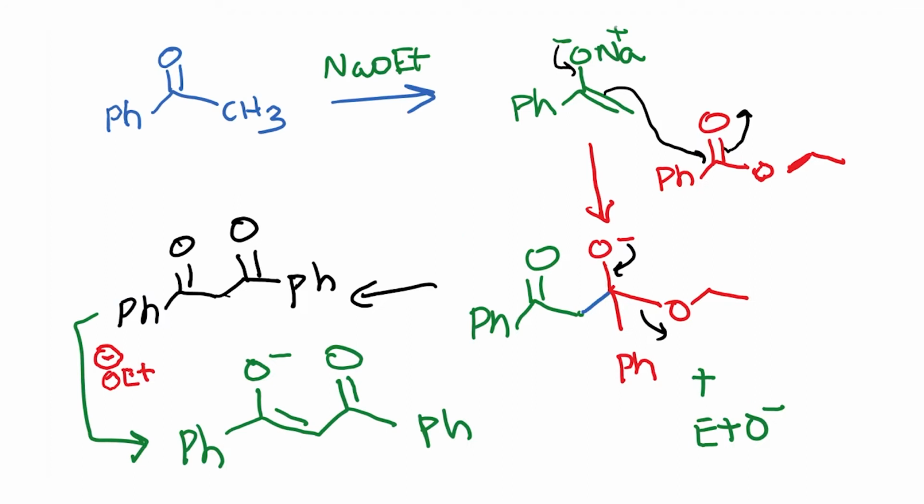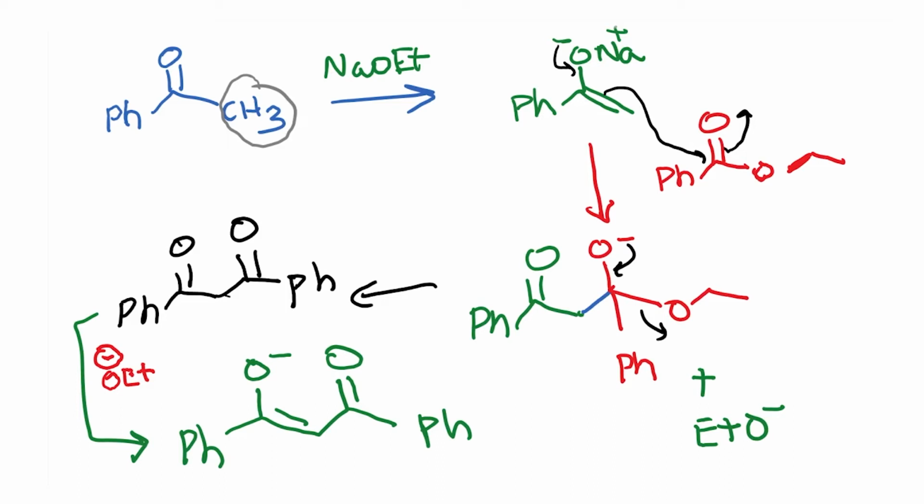So the mechanism that we can propose is the following. As I mentioned, this is the only enolizable hydrogen over here. And then the sodium methoxide reaction is going to be quite fast and it's going to give you this enolate. And this enolate can then react with the ester to give you this intermediate.